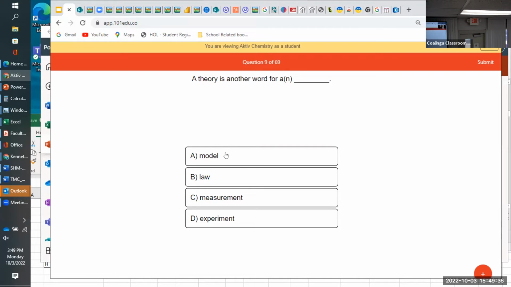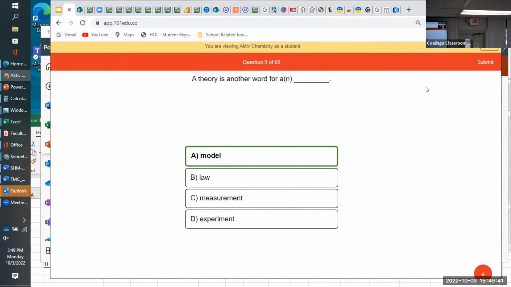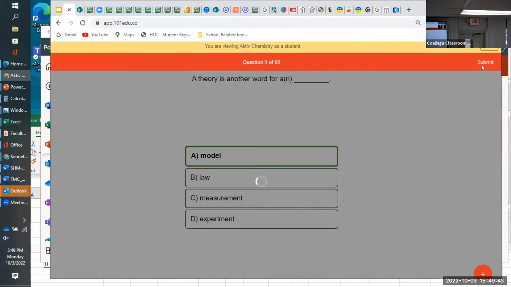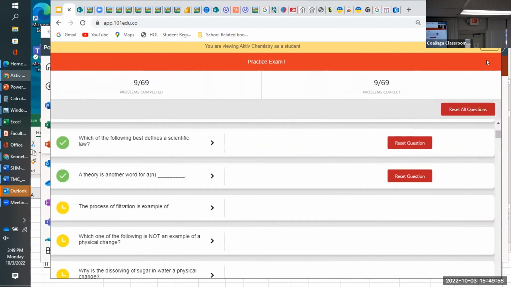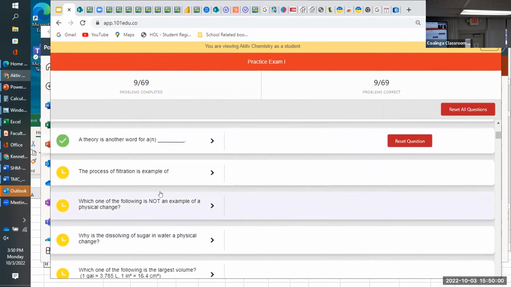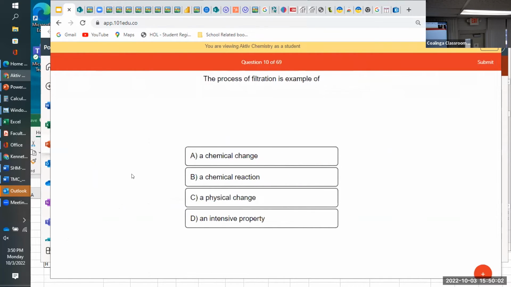Okay, I'm going to say there's probably more A. Yeah, it looks like it. And theories or models in science. It's kind of true, but it's not universal.